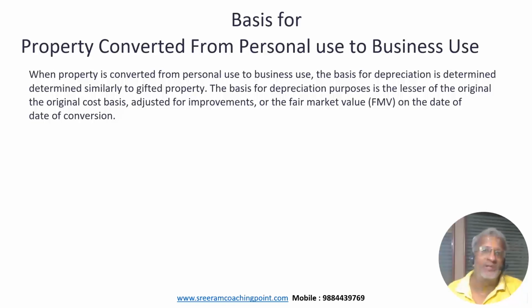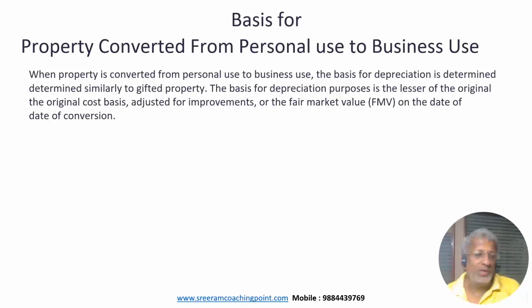As you all know, for the business use for which a personally used asset is taken up, firstly they would have charged depreciation, and then at a point of time the taxpayer might think about selling it off. Therefore there will be two different purposes that we would be serving: one, depreciation purpose, the other, gain or loss purpose.